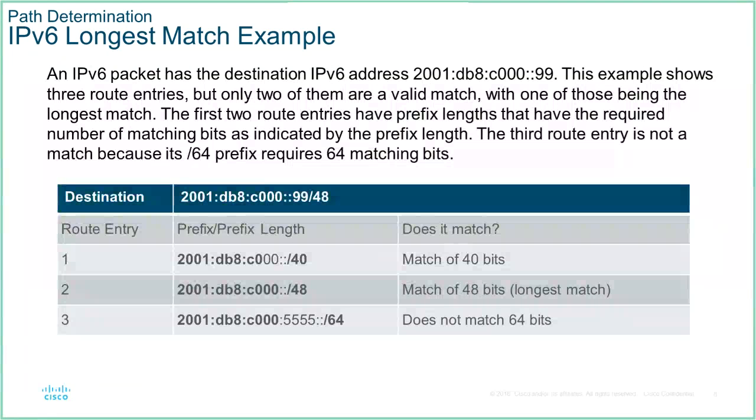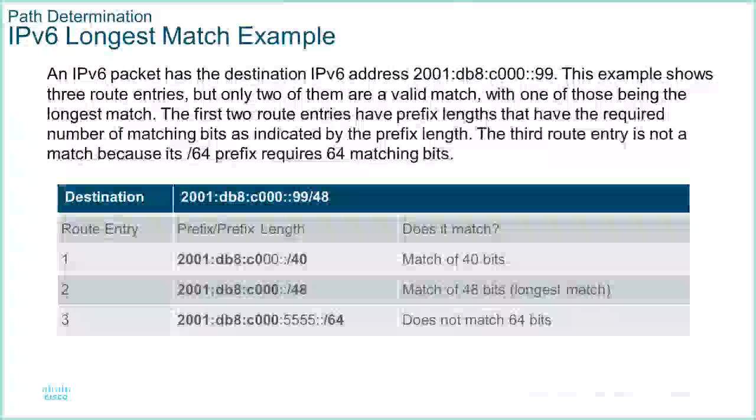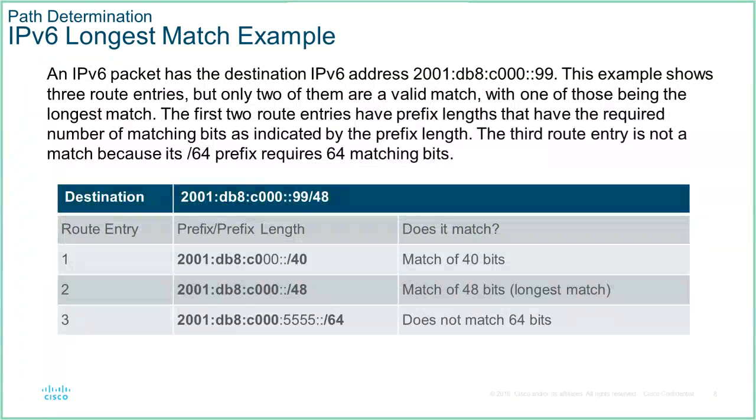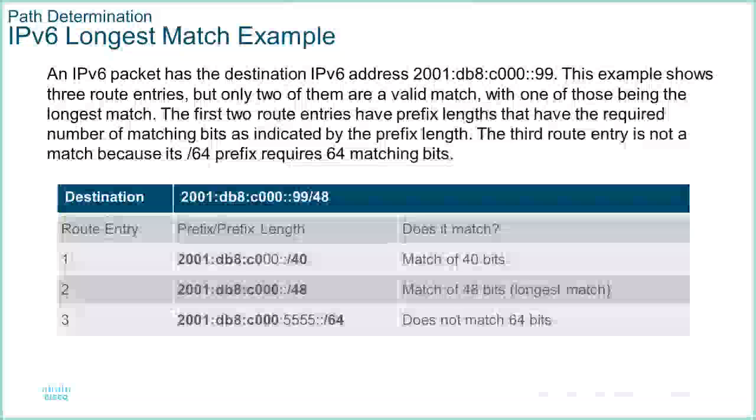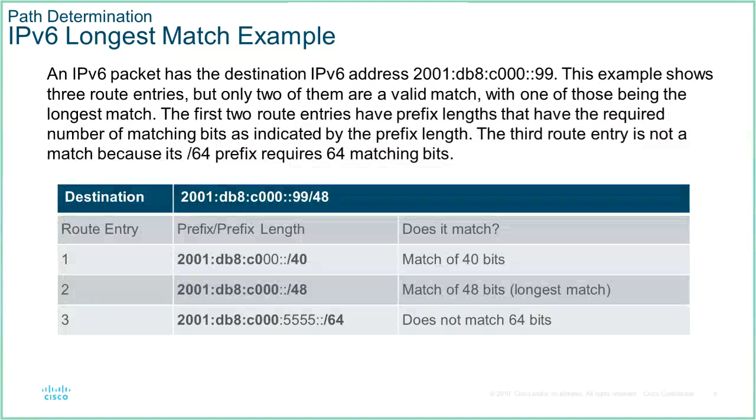So when we go to the routing table, we have 3 entries. One with a /40, one with a /48, and one with a /64. We can't match the /64 because that is longer than the network portion of the destination.